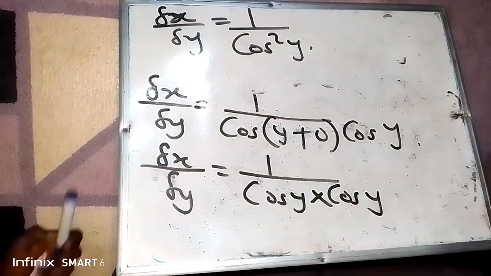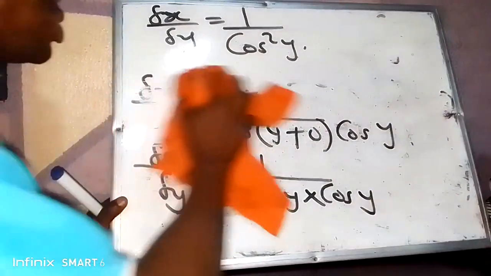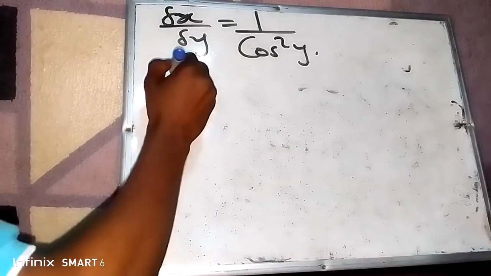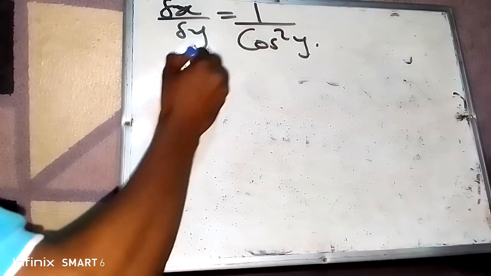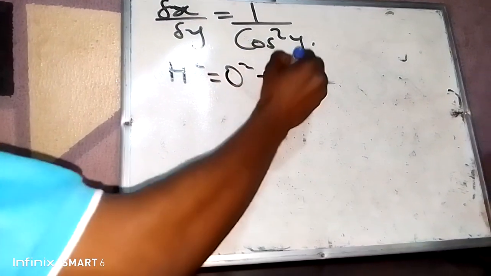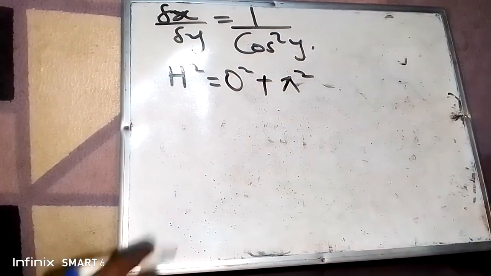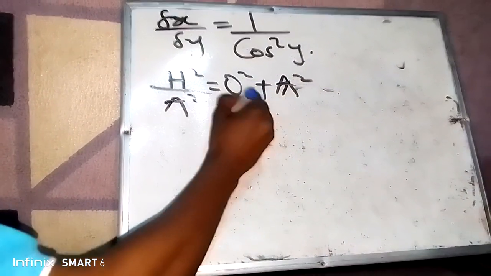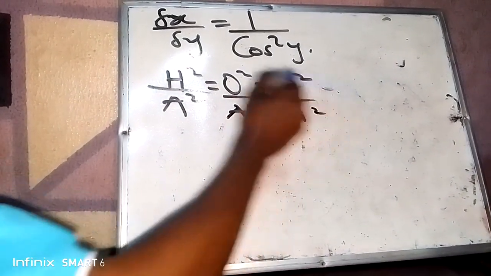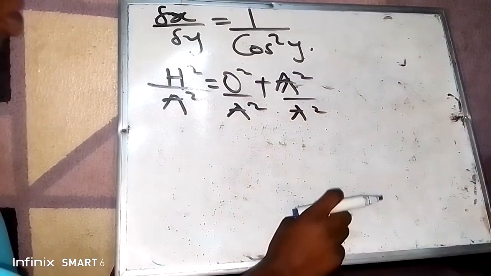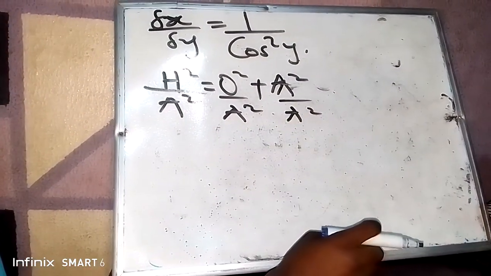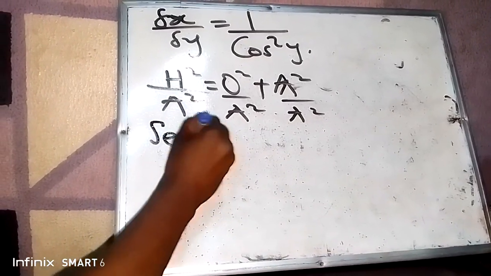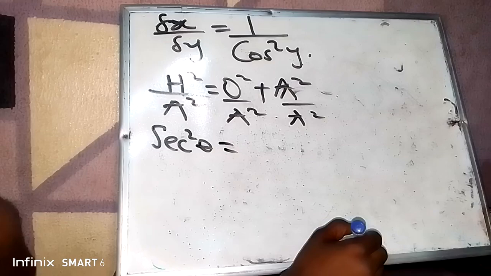Now, when we get cos squared y, from our trig identities, if you remember, I said h squared equals o squared plus a squared. When we divide through by a squared, we get h over a squared equals o over a squared plus 1, where a over h is cos, while h over a is sec, and o over a is tan.